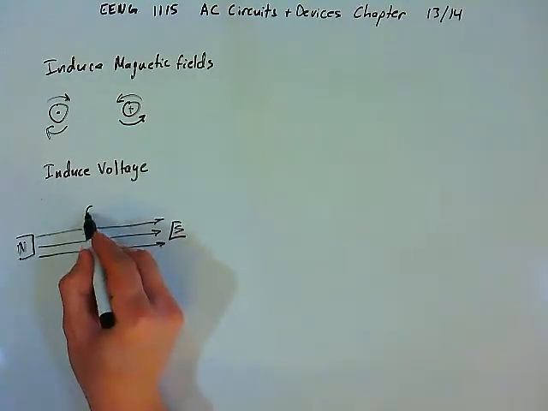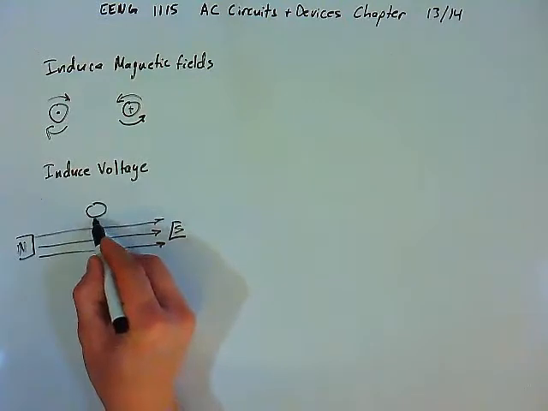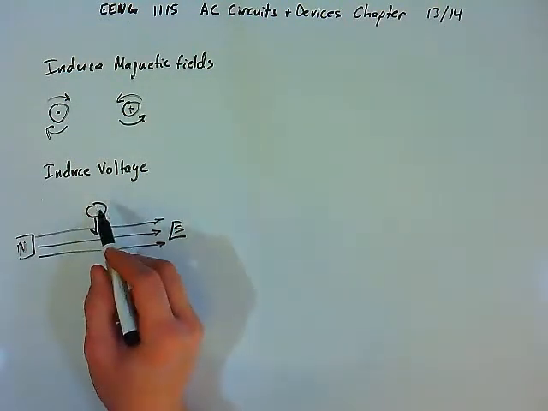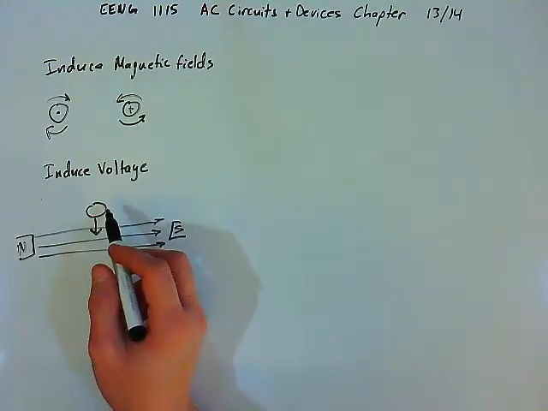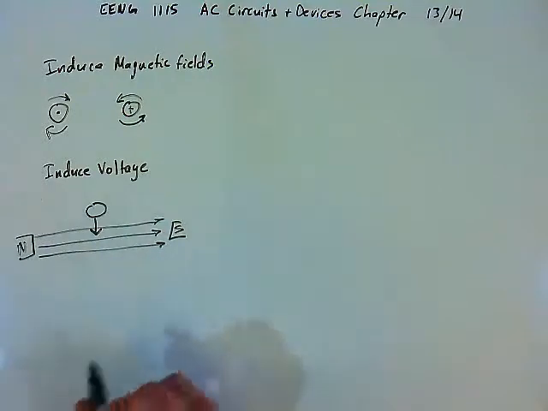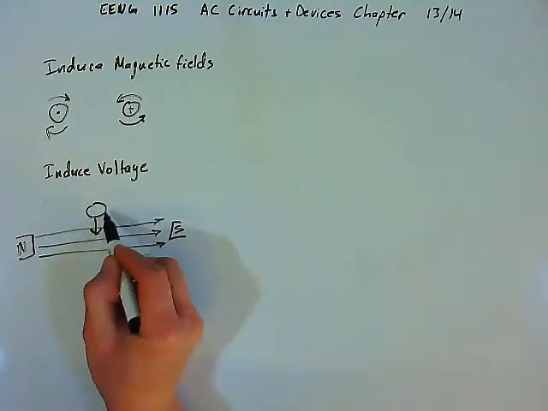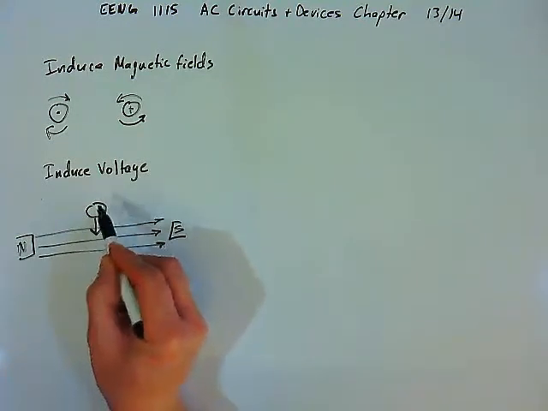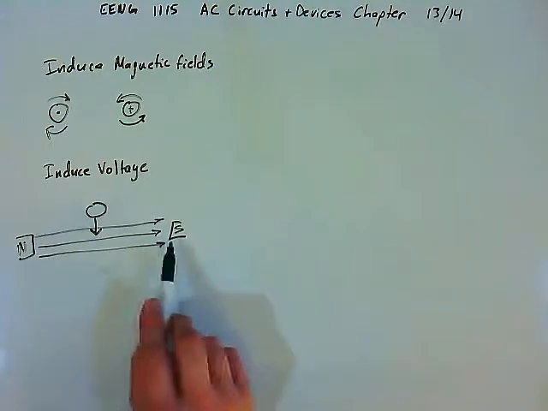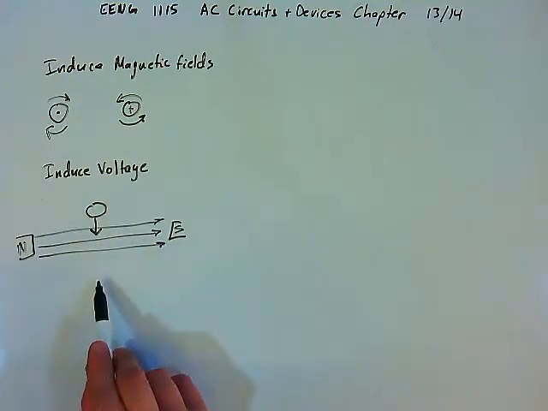If we have a conductor and we force it down through the field, the conductor will have a voltage, and possibly a current for a closed loop, induced in it, and the voltage polarity will be set up in such a way that the magnetic field induced around the conductor will oppose the permanent field that the conductor is being passed through.